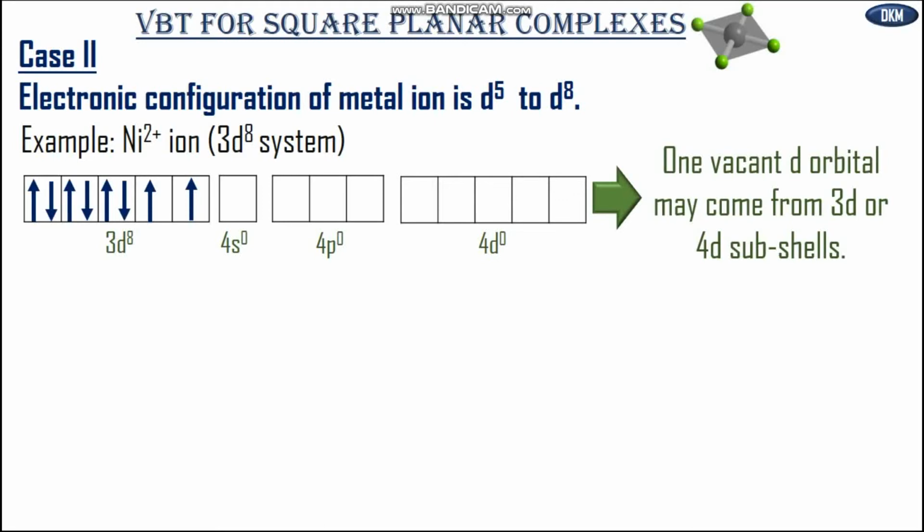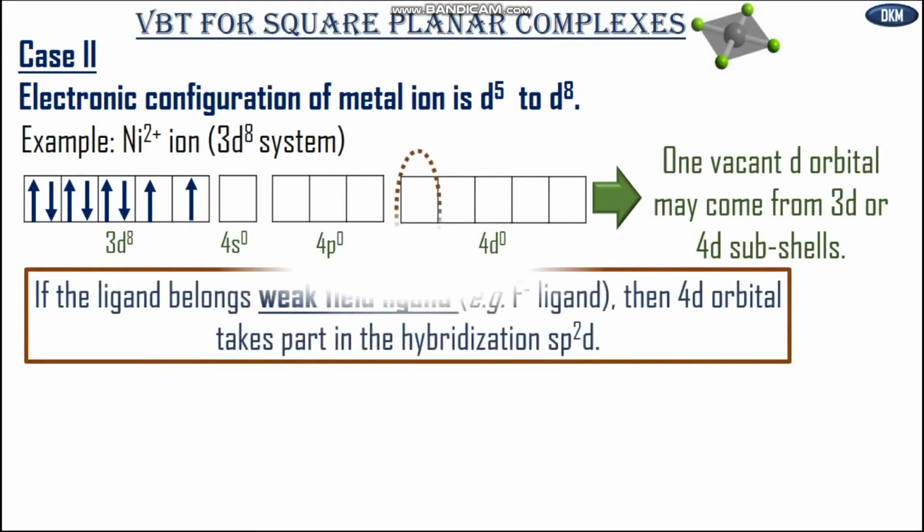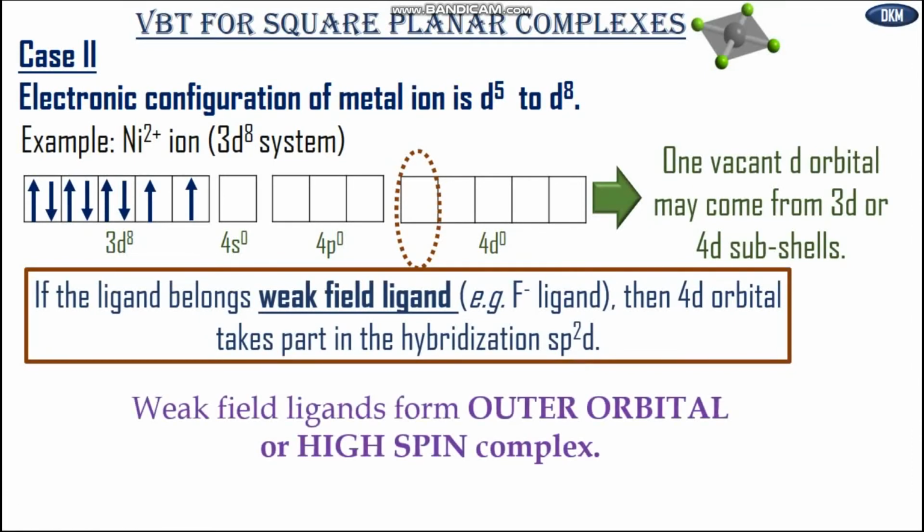If the ligand is a weak field ligand, then the outer d orbital takes part in hybridization. You know, weak field ligands form weak bonds. So, in this case, the metal ligand bond stability is not able to pair up two electrons in the inner 3d orbitals. As a result, weak field ligands form outer orbital or high spin complex, and the hybridization is sp2d.